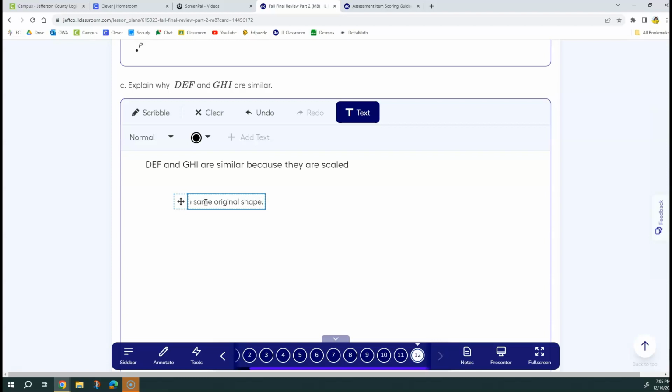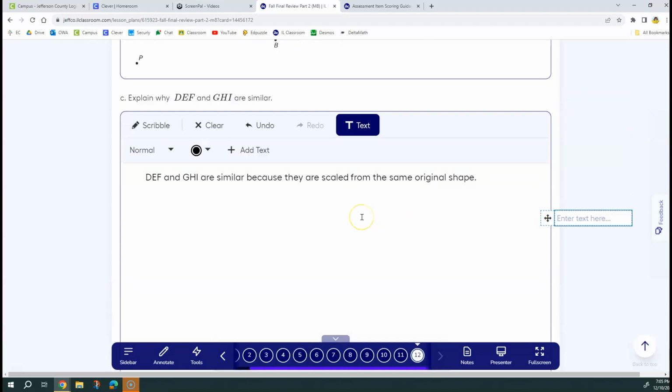So we started off with the same original shape. One of them went smaller, one of them went larger. So they are indeed similar.